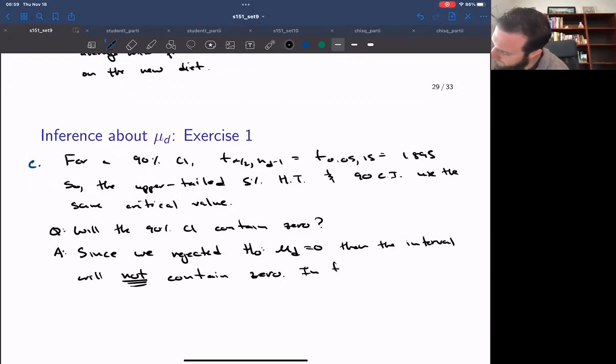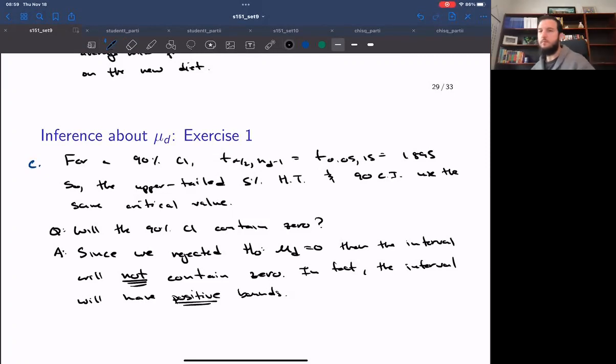In fact, the interval will have positive bounds. Okay, so the hypothesis test gave us evidence that mu d is bigger than 0.